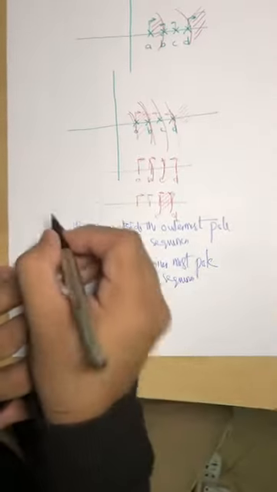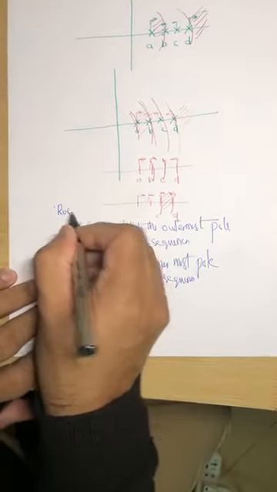So the region of convergence will be a ring.